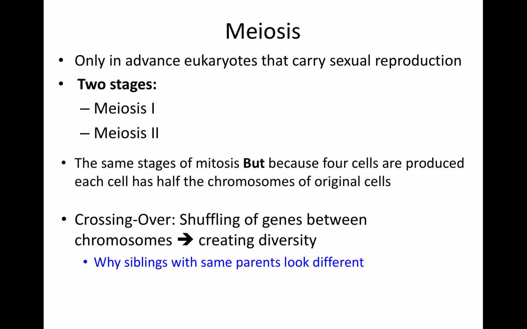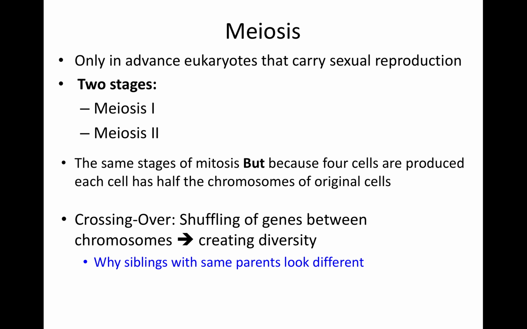I will not discuss meiosis with you. I do want you guys to know a few points about it, but nothing in detail. Understand that meiosis is associated with your sex cells, responsible for production of sperm and egg. It has two stages, meiosis 1, meiosis 2.